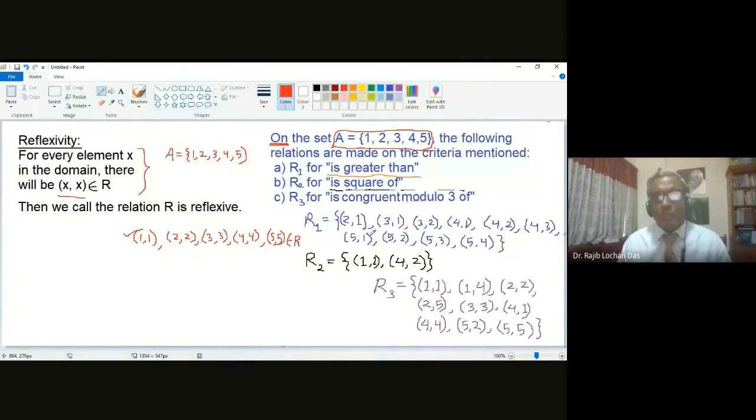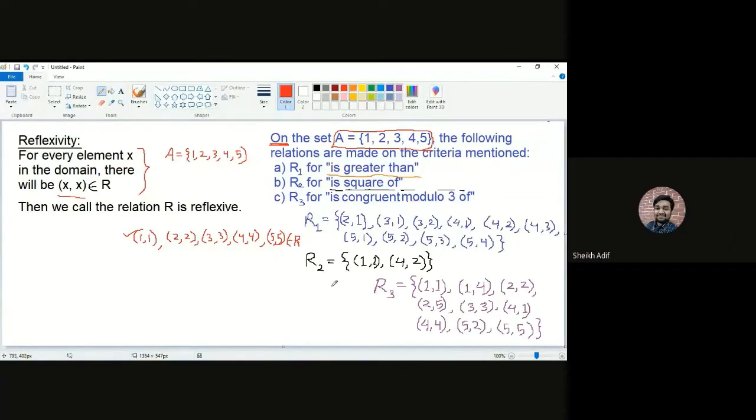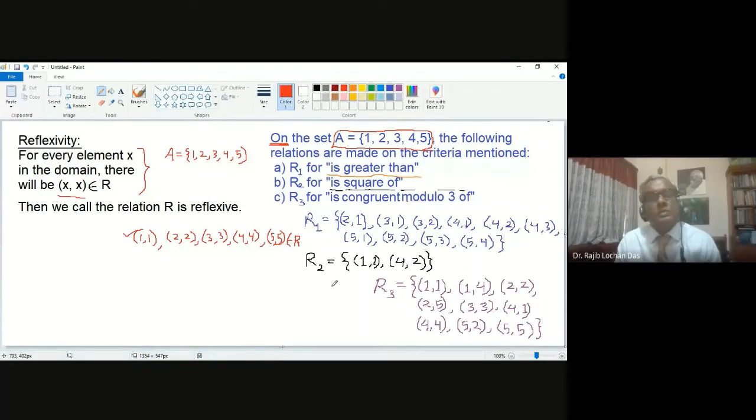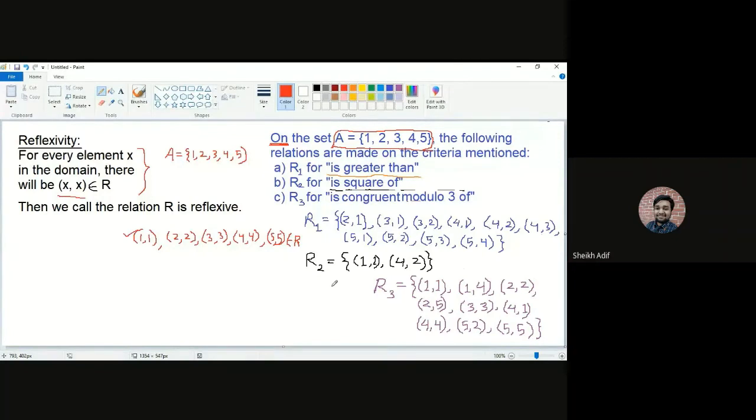So in this example, which one is reflexive? You got my question? In the example on the right side, R1, R2, R3, which one can you say is reflexive? Sir, for every X it has to be true? Yes, that is the condition. R3, sir.